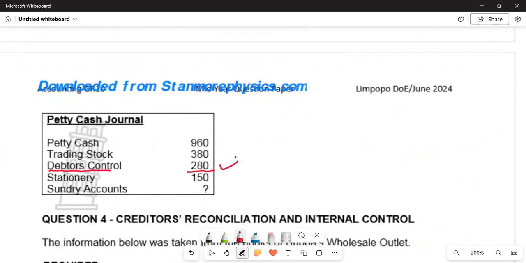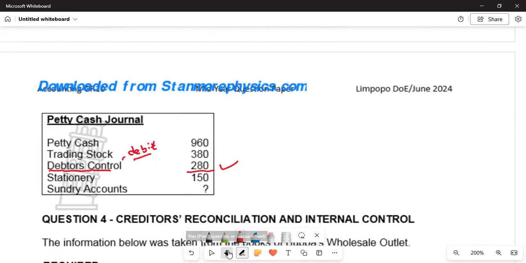Those are the small expenses like delivery charges that are paid on behalf of the debtor from petty cash. So the debtor now owes the money. So the debtors is going to increase on the debit side. So this is going to go on the debit side of our debtors control because the debtors are going to owe us that money.